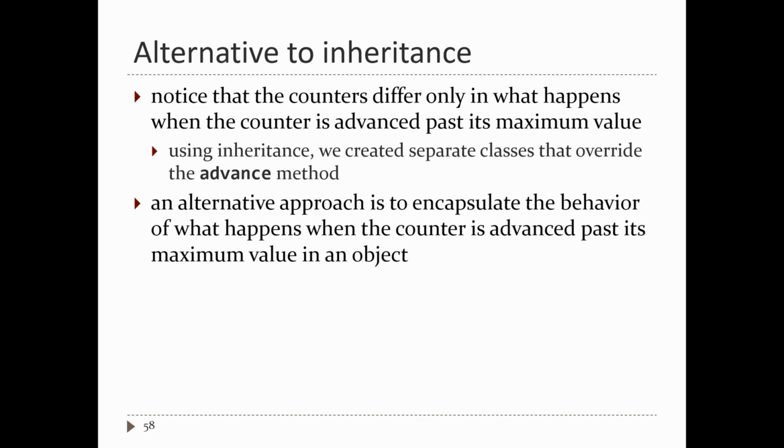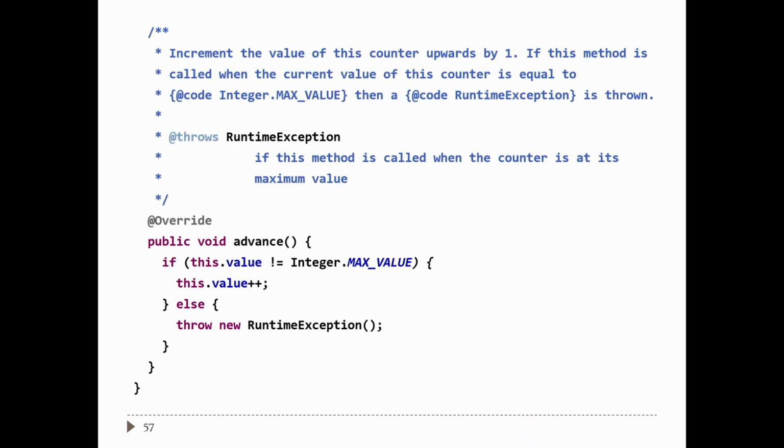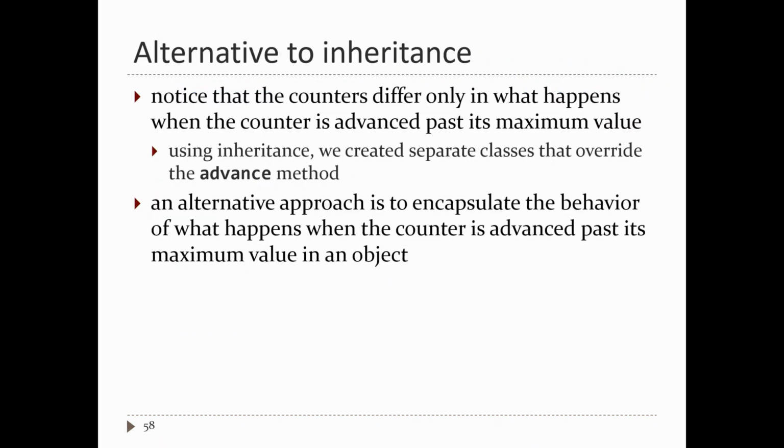You can create a class that has its own advance method that takes in a value and gives you back the next value to go to. Now your counter simply asks its object that knows how to count, what's the next value? That would be a different way to solve this particular problem. But I think that's a bit of an advanced topic for this course.